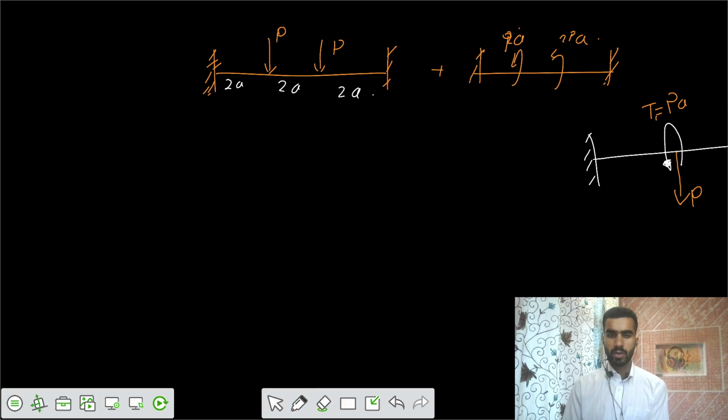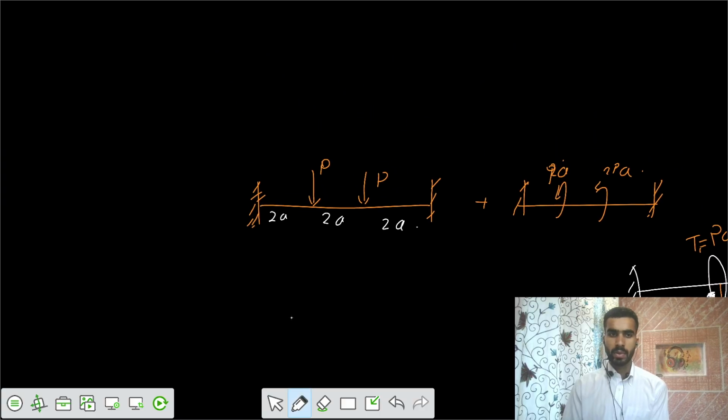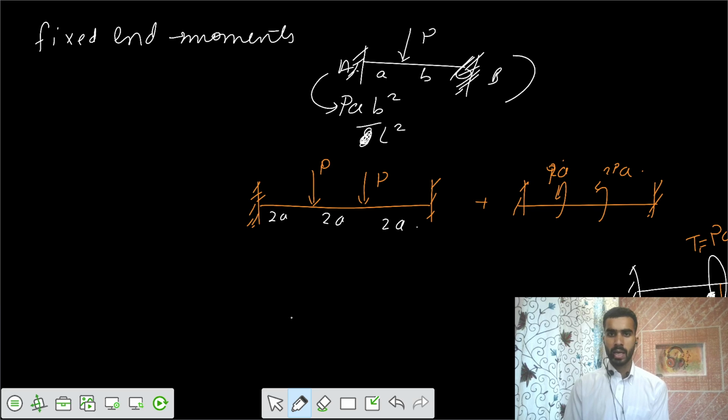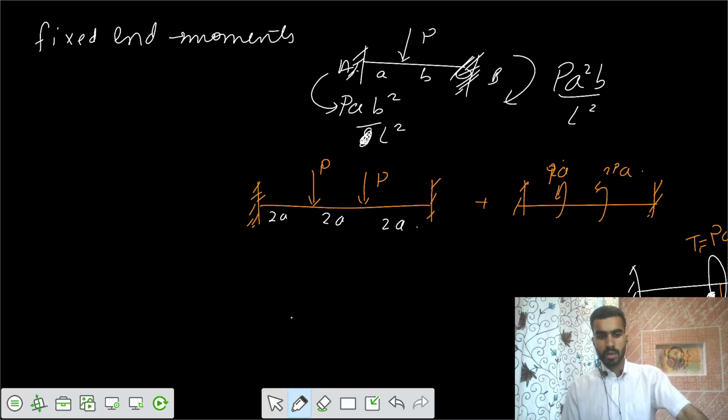We know those fixed end moments that get developed. If you have a fixed beam, you apply a load of P at a distance of A and at a distance of B. Then the moment developed here equals P A B square divided by L square, where L is A plus B, and similarly from the other side we have P A square B by L square.